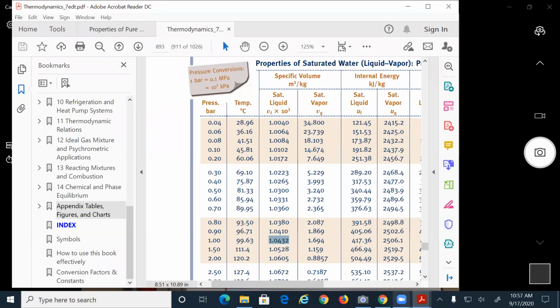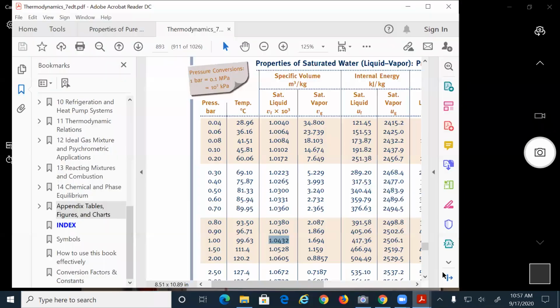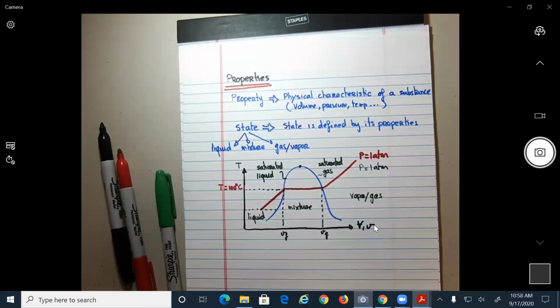The value V sub F would be 1 point whatever times 10 to the minus 3. And the value for V sub G would be 1.694. It's not that interesting for the volumes, but let's say you needed to find the value of the energy U of gas and U of fluid.